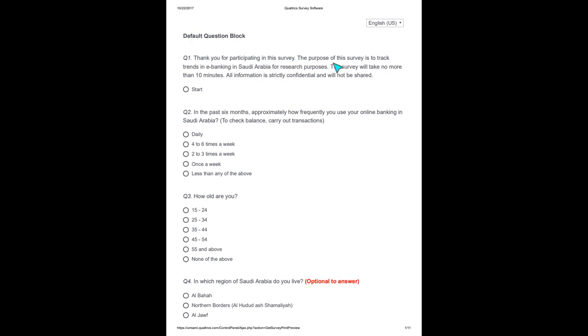Thank you for participating in this survey. The purpose of this survey is to track trends in e-banking. See, the trends is not only just to measure the quality gaps, but also to get a sense of what people are expecting. This research was done, I believe, in 15 or 17. It's around that time. It started in 2015.